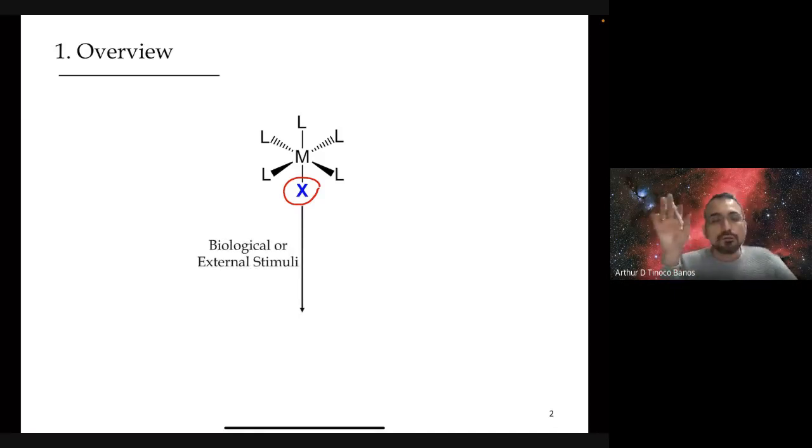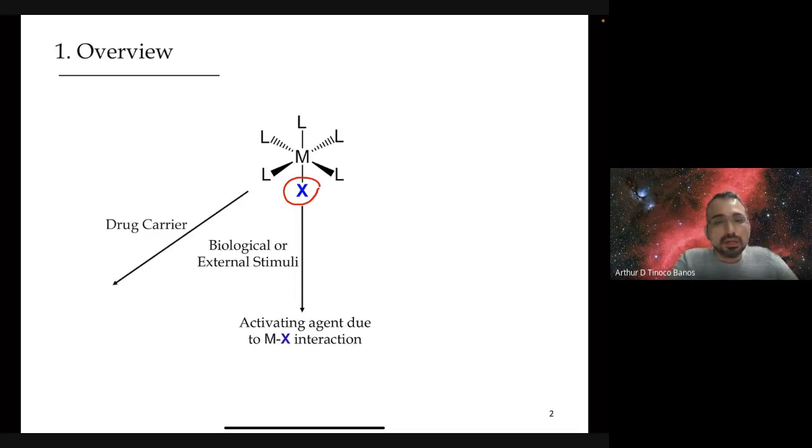From one perspective, there is a biological external stimulus, and that results in activating an agent due to that metal-ligand interaction. There's also the capacity of the metal compound serving as a drug carrier, such that release of X is releasing a drug.